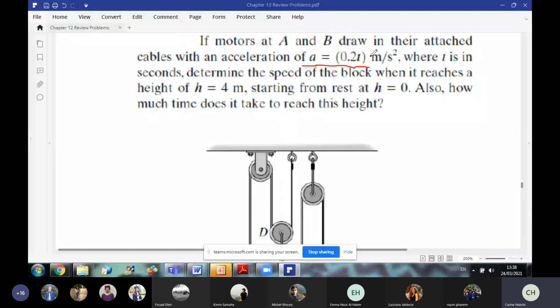A is equal to 0.2t meters per second squared, where t is in seconds. Determine the speed of the block when it reaches a height of 4 meters starting from rest. Knowing that starting from rest, h is equal to 0. Also, how much time does it take to reach this height? So let us look at the figure in detail.